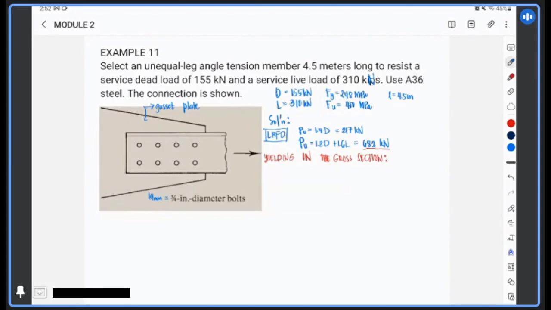The Pu is less than phi times Fy times Ag.